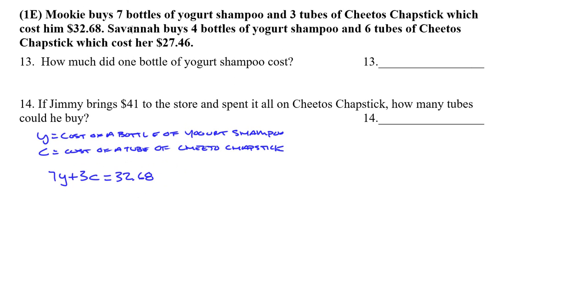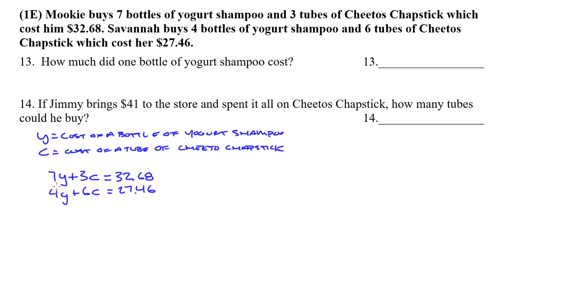Then Savannah buys 4 bottles of yogurt shampoo and 6 tubes of Cheeto chapstick, and that cost her $27.46. So that's probably like 80% of the battle is just coming up with your equations. If you come up with your equations, you'll get at least a couple of points, regardless of what else you did on there.